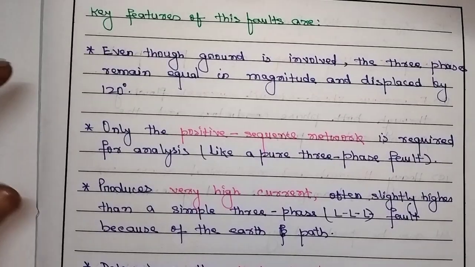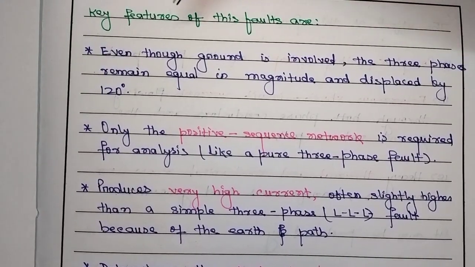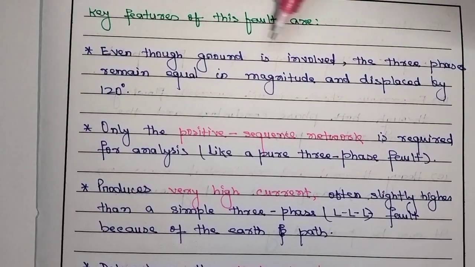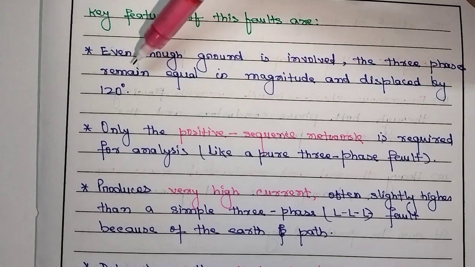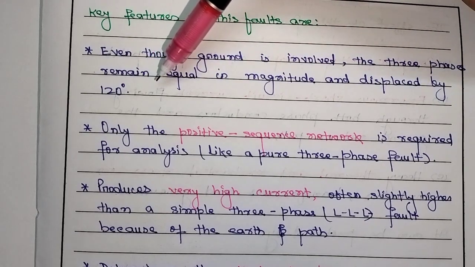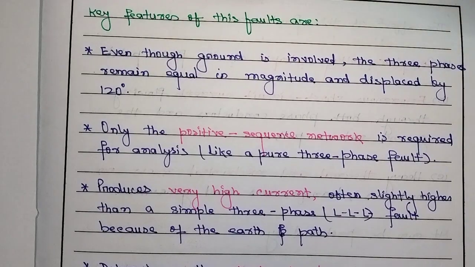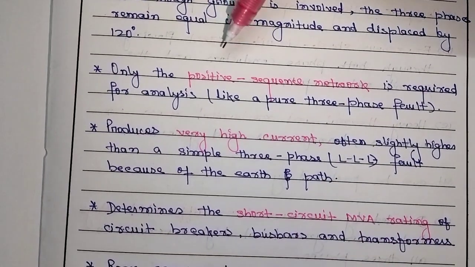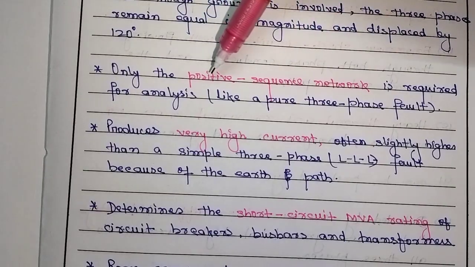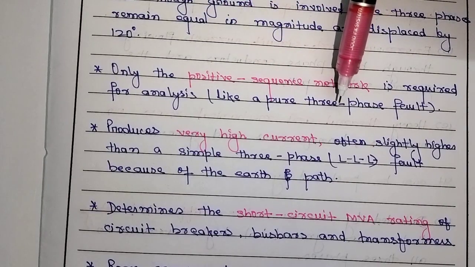The key features of this fault are, even though ground is involved, the three phases remain equal in magnitude and displaced by 120 degrees, the same as we have seen in the line to line fault. Only the positive sequence network is required for the analysis, like a pure three-phase fault.